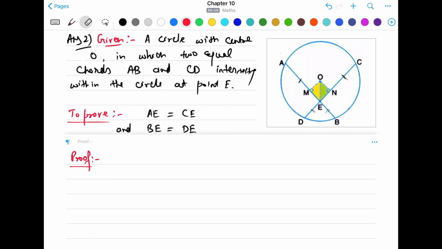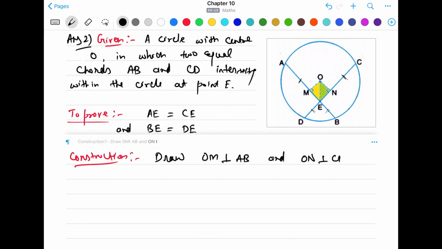So before starting the proof, we have to do some construction here. So let's first write the construction. What we have done here is, we have drawn OM perpendicular on AB and ON perpendicular on CD, and we have also joined OE.